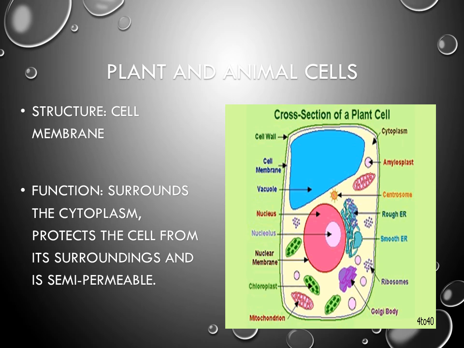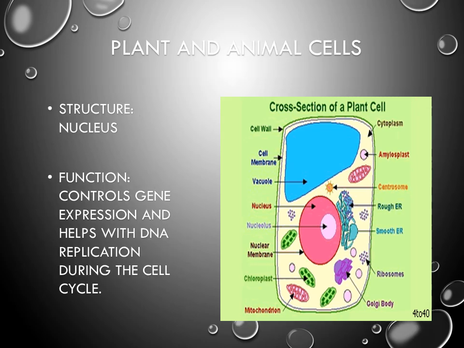So water might be able to get in and out of the cell. The diagram is only of a plant cell. However, remember this is also in animal cells, and you can look back to your cell booklets for a visual reminder.